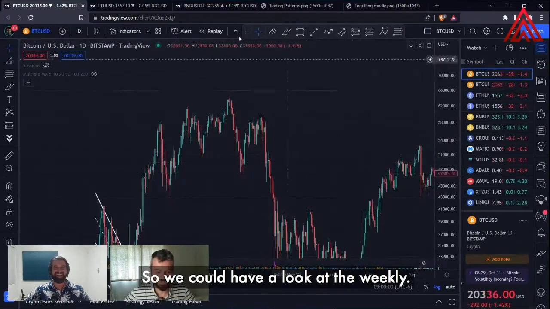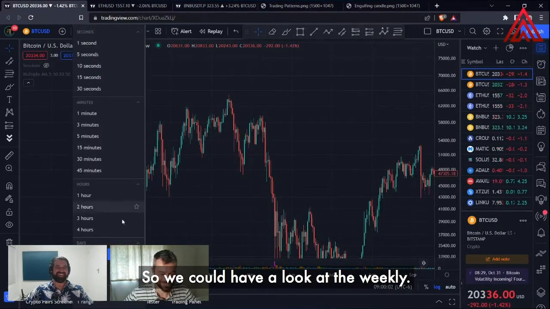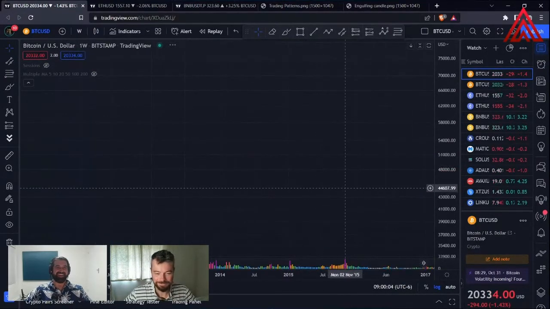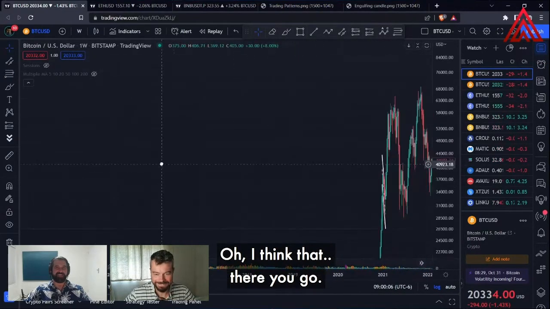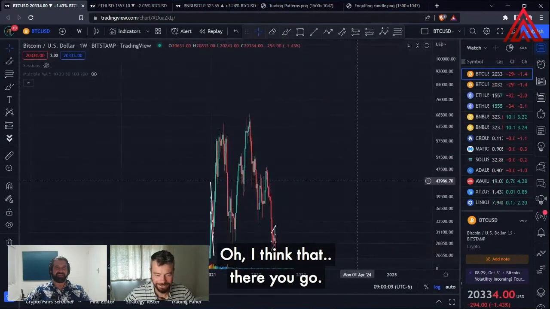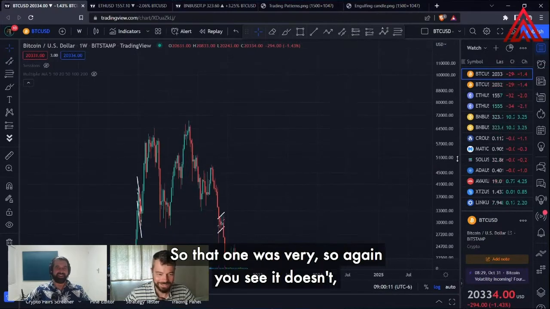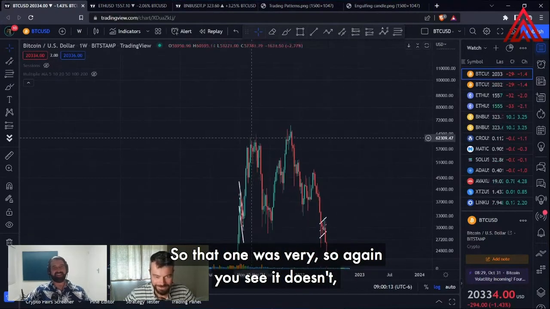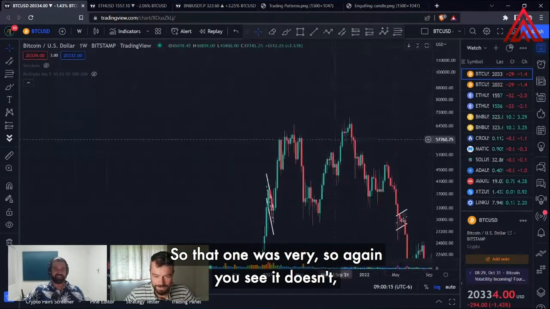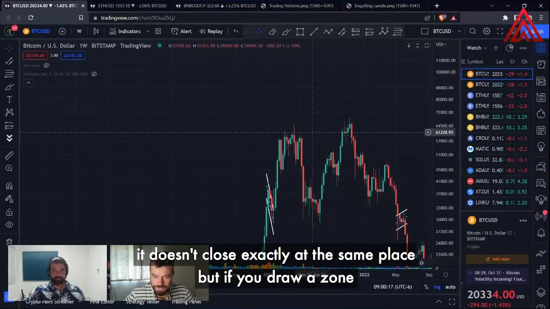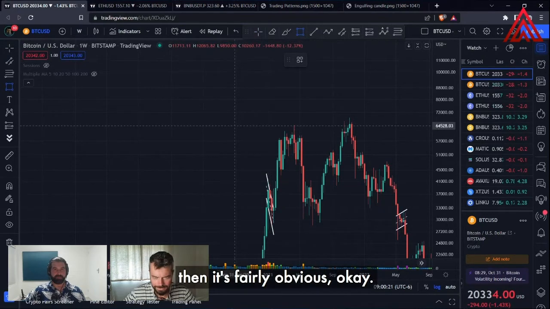Yeah, so we could have a look at the weekly. I think that's right, there. Yeah, so that one was very clear. Again, you see, it doesn't close exactly at the same place, but if you draw a zone, then it's fairly obvious.